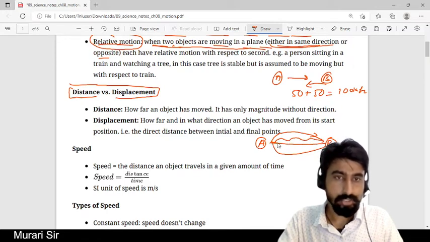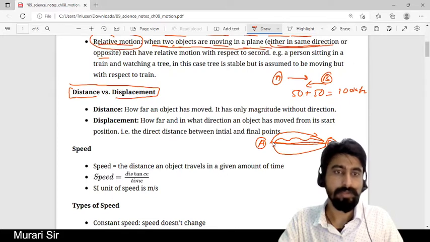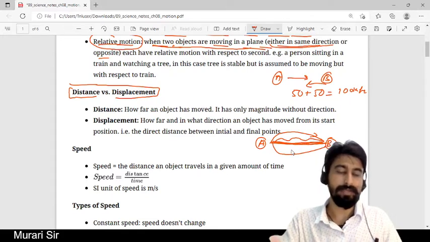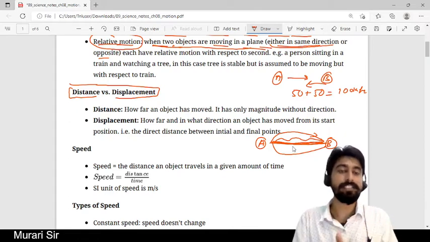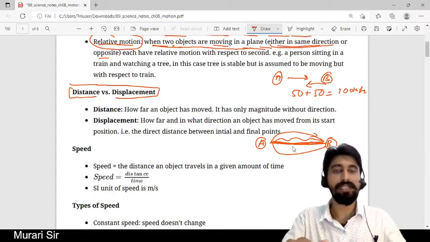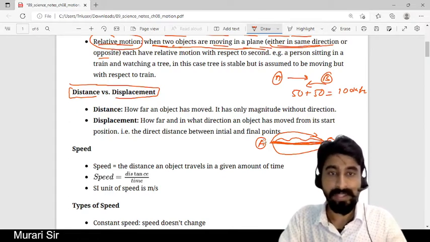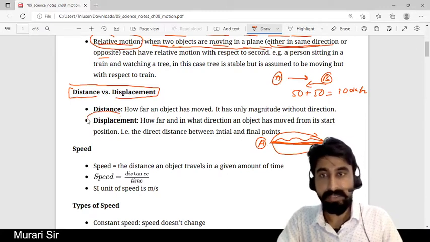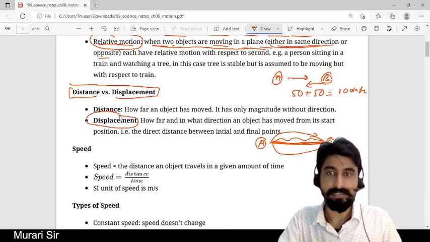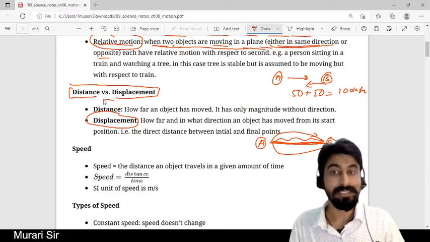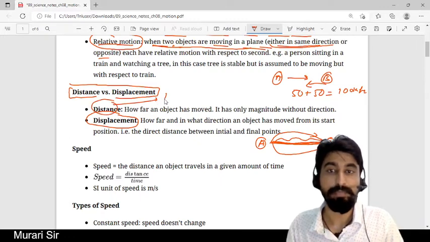But the shortest path that leads to B from A is only one. That means it is the shortest path. So what we have to conclude, what we have to understand here, is that displacement will always be the shortest distance or shortest path. And what is distance? Distance is the path.